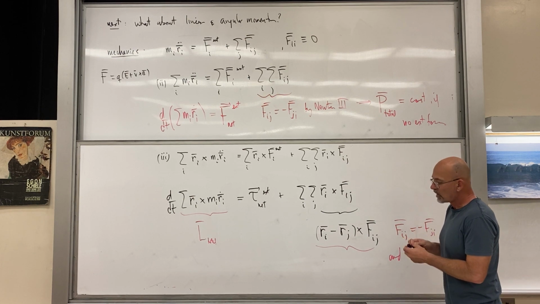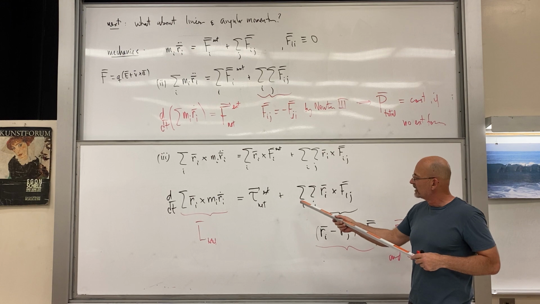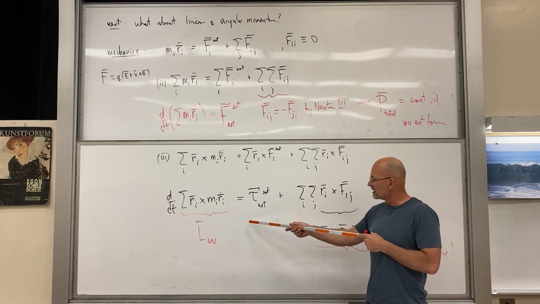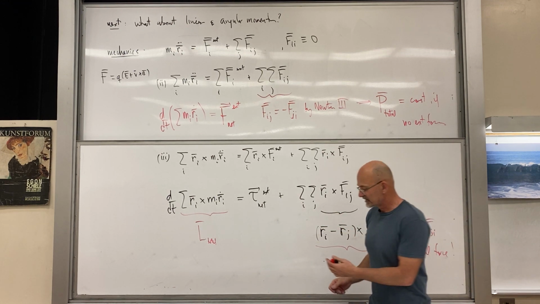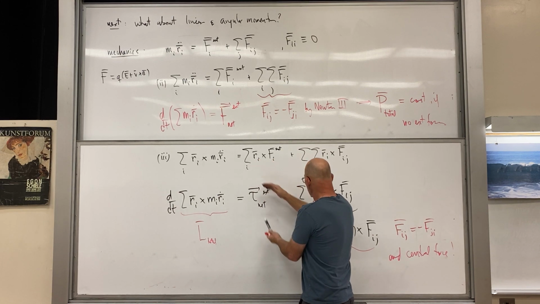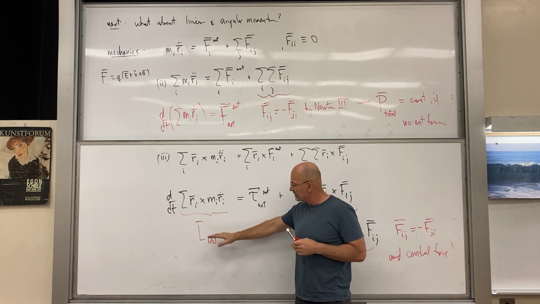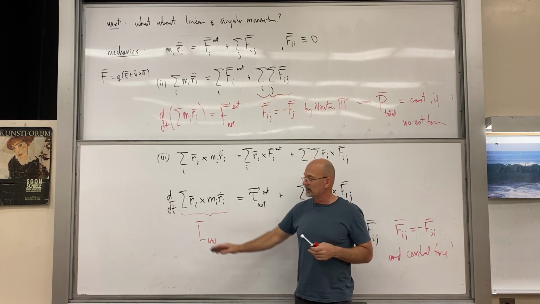So that's what's required in mechanics, just using Newton's laws, to have conservation of angular momentum. If tau external vanishes, and these vanish because they're central forces, Newton's third law, then you have total angular momentum conserved.